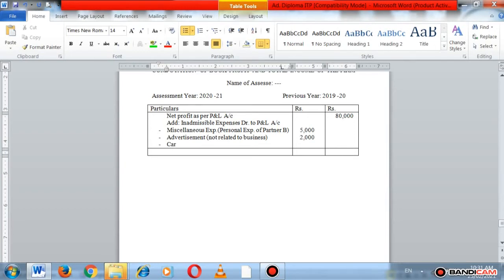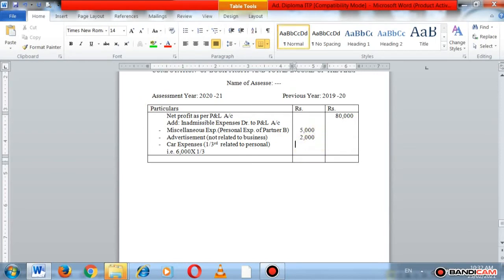So 1/3 related to personal: 6,000 into 1 divided by 3 is equal to 2,000.